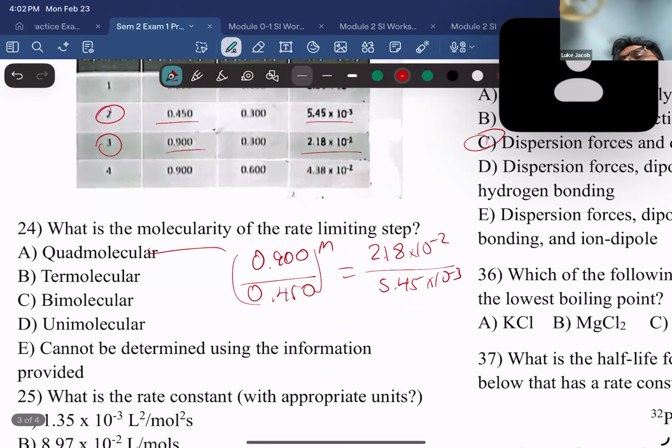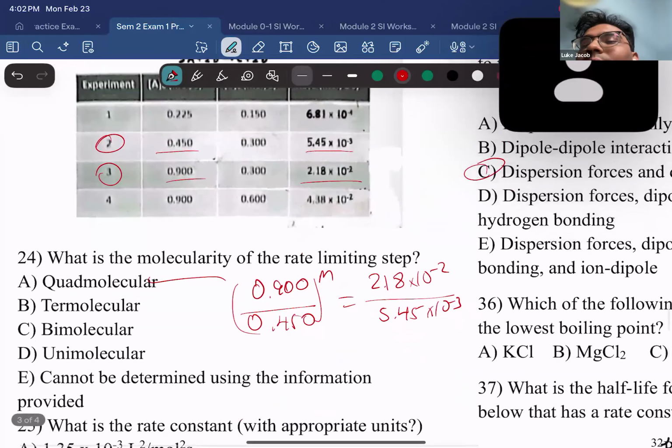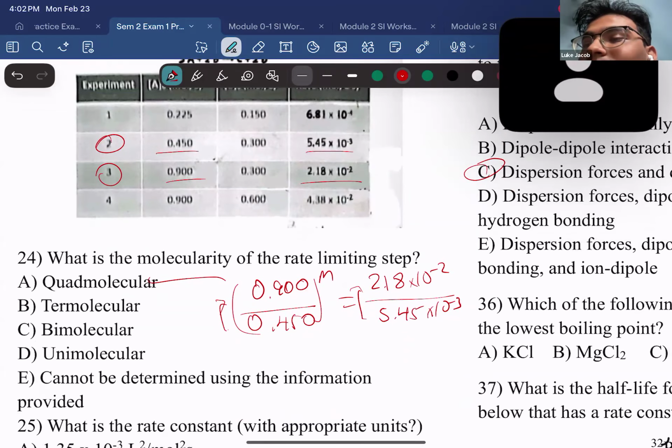Without using the calculator, I could tell that this is going to be 2, because 0.45 times 2 is 0.9. And then this is going to be around 4, right? This is just a result of me being very familiar with exponents. We see that this is 10 to the negative 3, and this is 10 to the negative 2, so in some ways it's like 20 in this case. Another thing you could do to make this easier to see is move the exponent around.